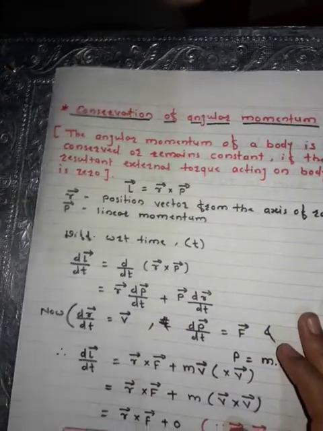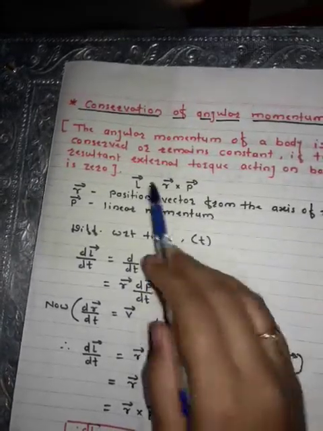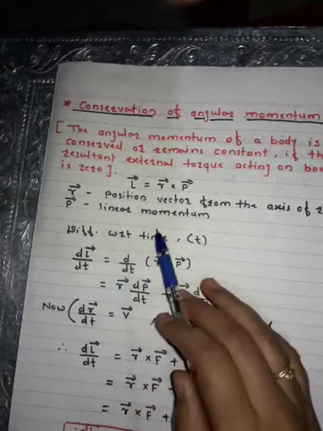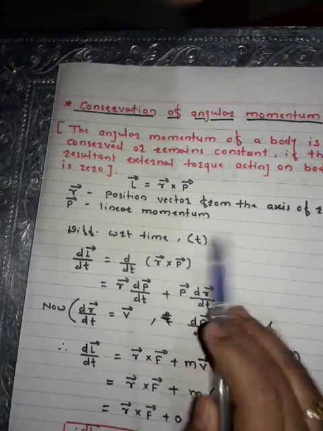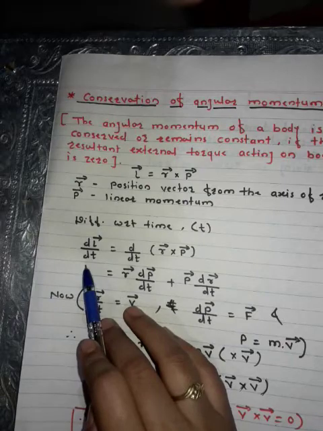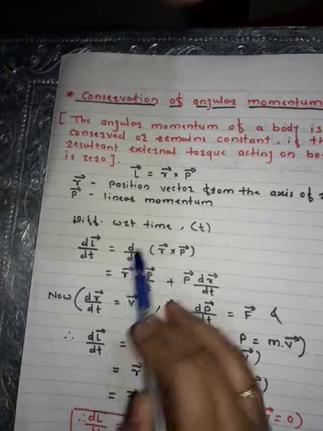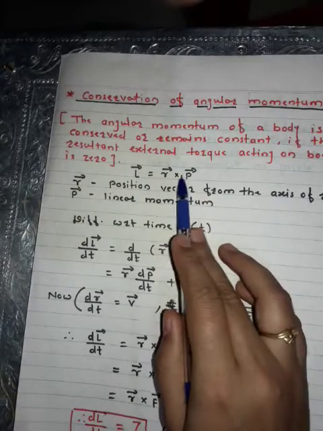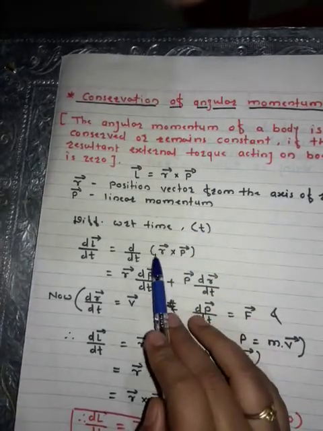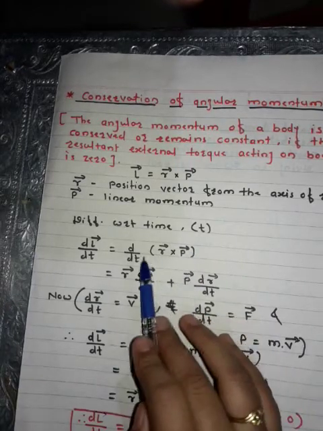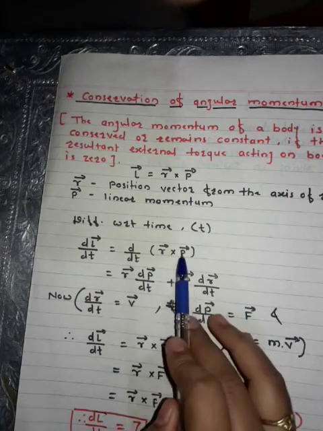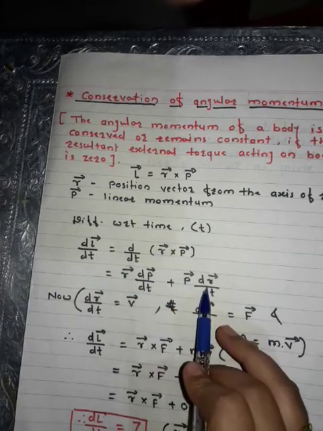Now we have to differentiate the relation L bar equal to r bar cross p bar with respect to time t. Therefore dL bar by dt is equal to d by dt of r bar cross p bar. How to differentiate it? Keep the first as it is and take the derivative of the second, plus the second as it is and the derivative of the first.